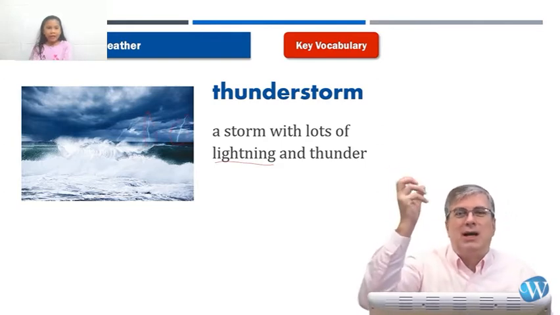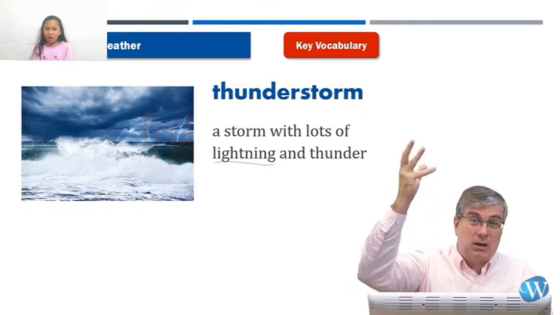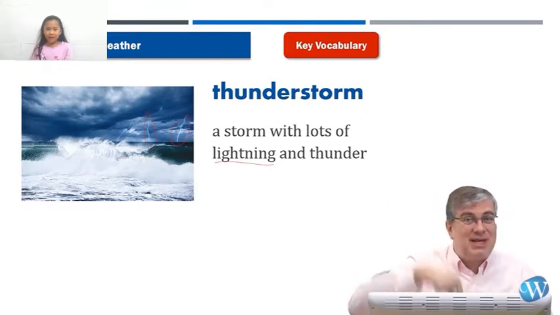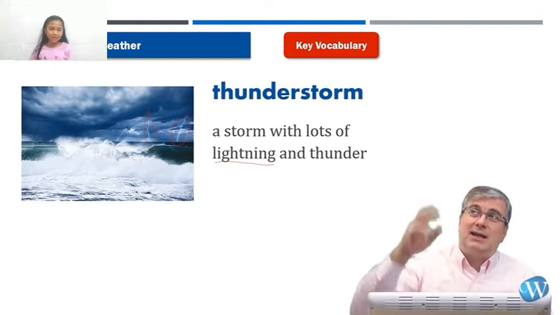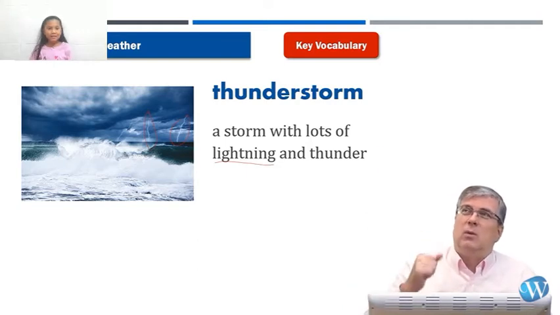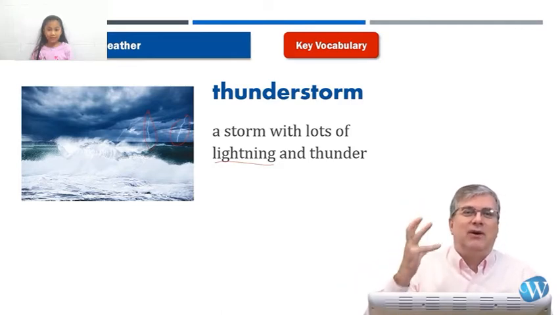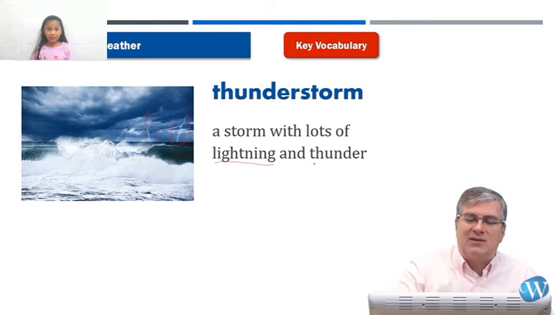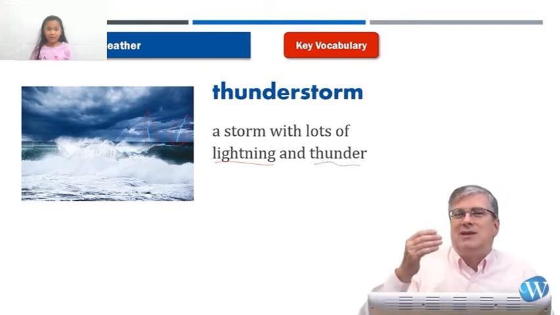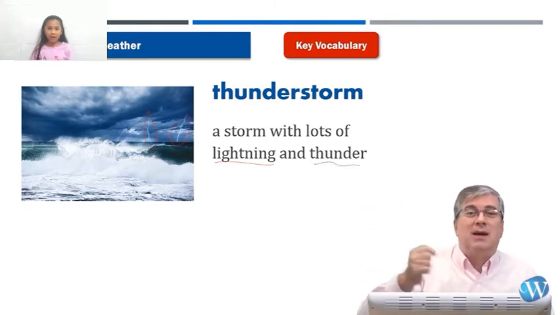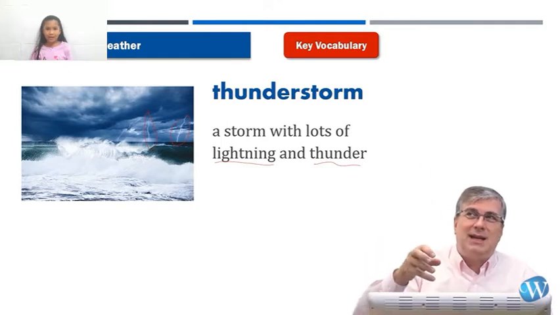And here, lightning is the really strong electrical light that comes from the sky, and sometimes it hits the ground. And when you see lightning, you should count one thousand, two thousand, three thousand. Then you hear it. You hear a very loud noise, and that is thunder. And you can tell how far our storm is by counting.